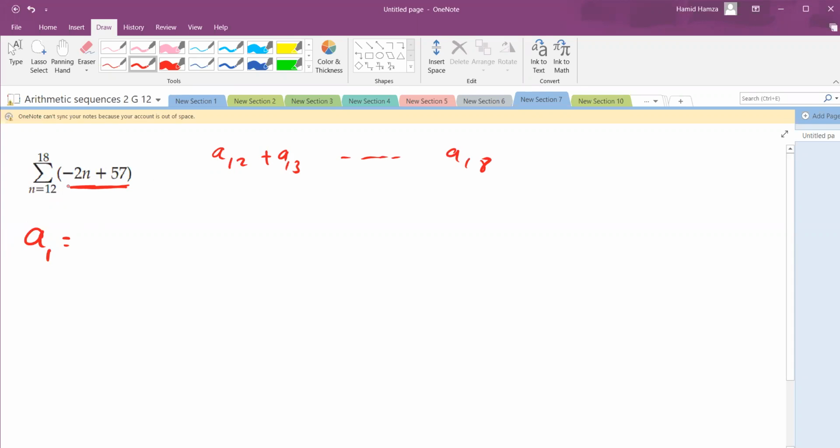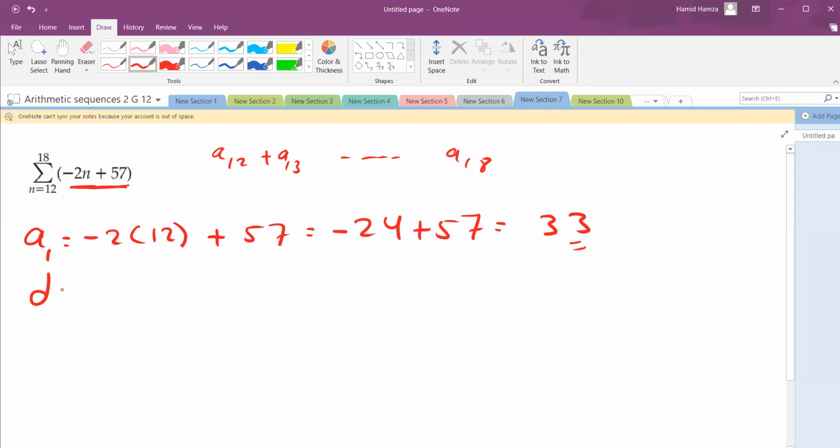So I'll substitute by n equals 12, so it will be negative 2 multiplied by 12 plus 57. So it will be negative 24 plus 57. So 7 minus 4 it will be 3, 5 minus 2 it will be 3, so 33. So this is the first term, or A12.